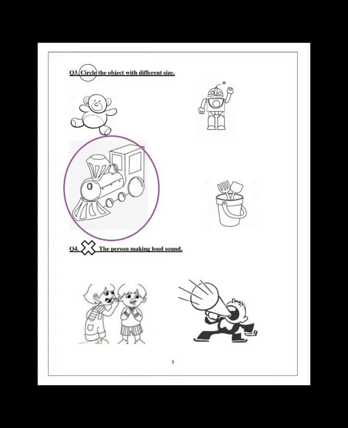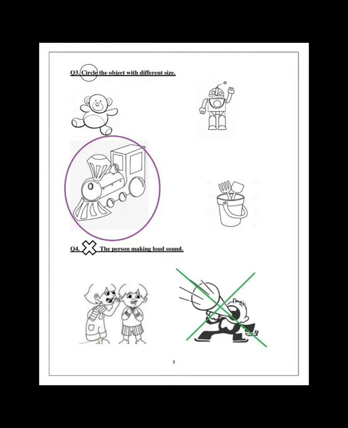And in the other picture, a person is shouting in the loudspeaker. So does a loudspeaker make a loud sound? Of course it does. So we have to put a cross on the person who is making a loud sound. Let's do it and see what you do.